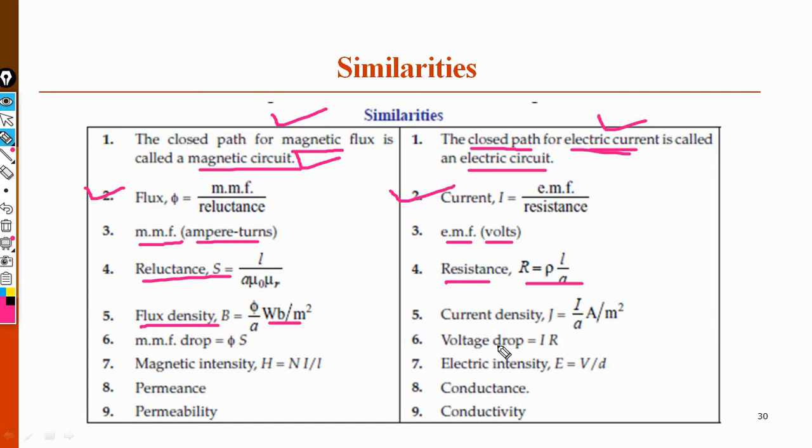In the electrical circuit current density is very important. That is sigma, we use the symbol sigma, where sigma is equal to I upon A, where I means ampere and A means meter square. That is for the magnetic circuit and the electrical circuit.